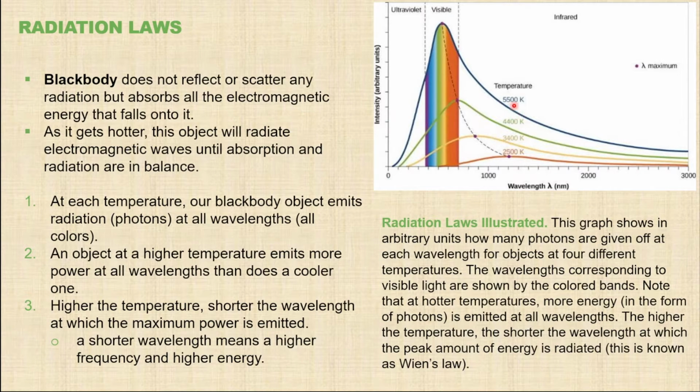For the highest temperature, the maximum power is generated at the lowest wavelength compared to 2500, 3400, and 4400. And a shorter wavelength means high frequency, which means high energy. And this last statement is called Wien's law.